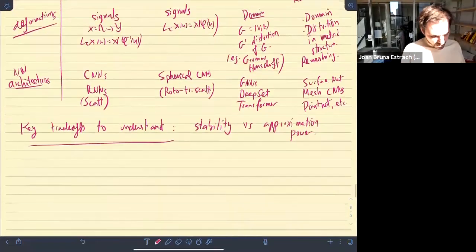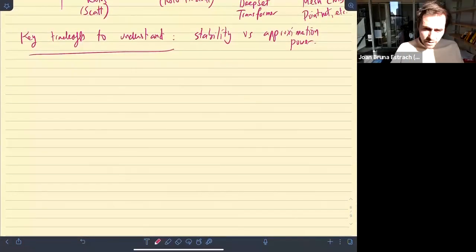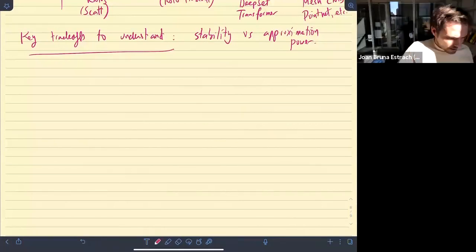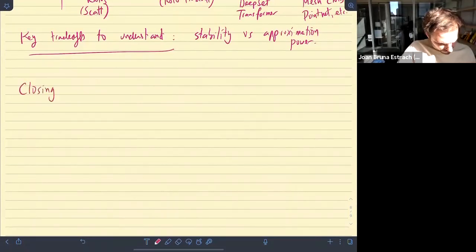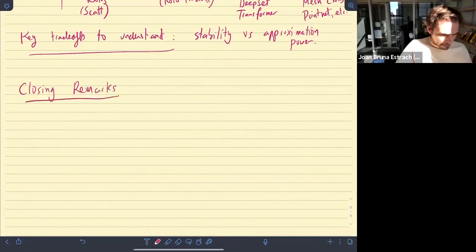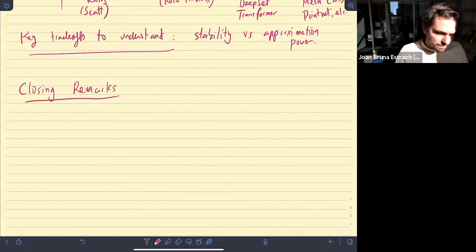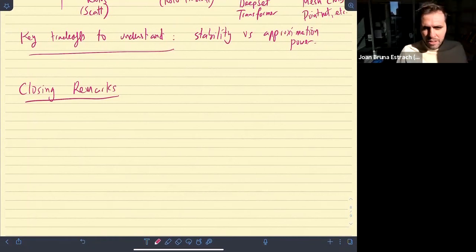Okay. So let me just provide a couple of ideas, a couple of things that I'm throwing out here as a closing remark for the whole class. Remember that when we started, we started with this axiomatic way to think about what it means to learn functions.